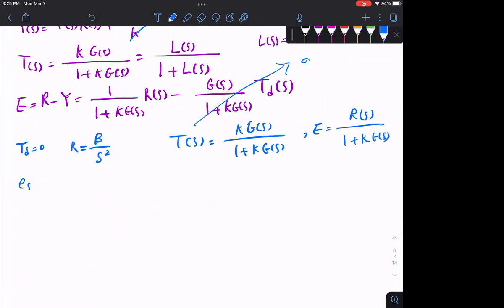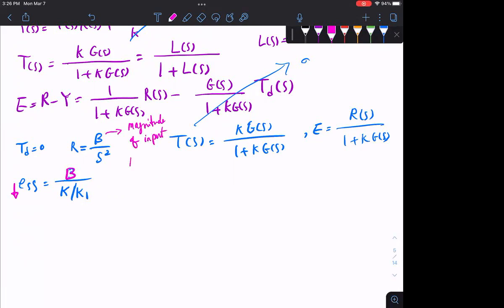So if you do that, your e_ss becomes, you have to get the limit and whatnot, K over K1. All right, so here you'll see that this has to be minimized or 0, right? What is B? B is the magnitude of input.